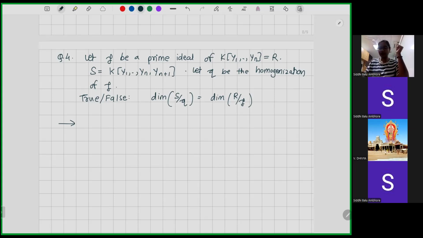We have to check whether the dimension of S quotiented by Q is equal to the dimension of R quotiented by P.